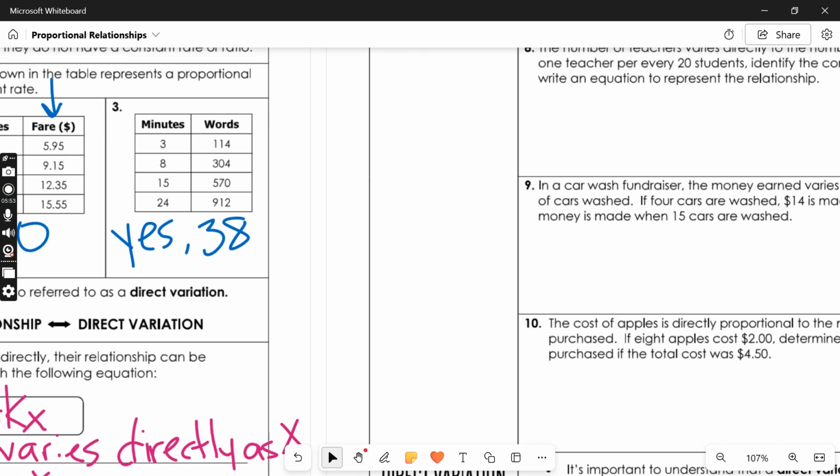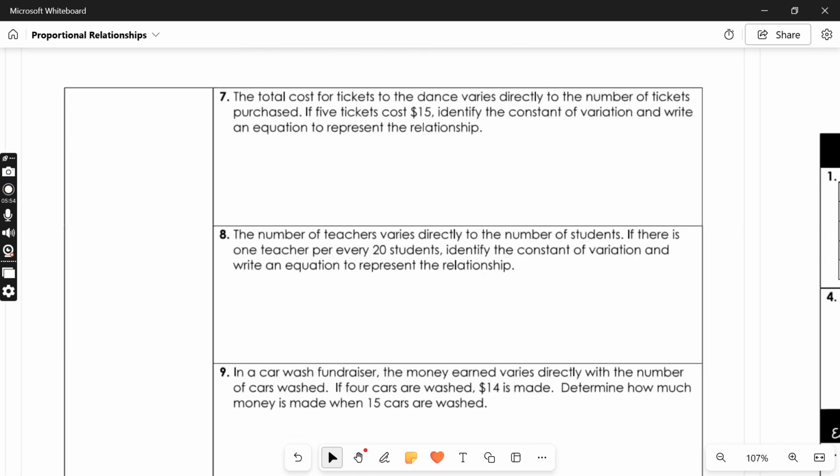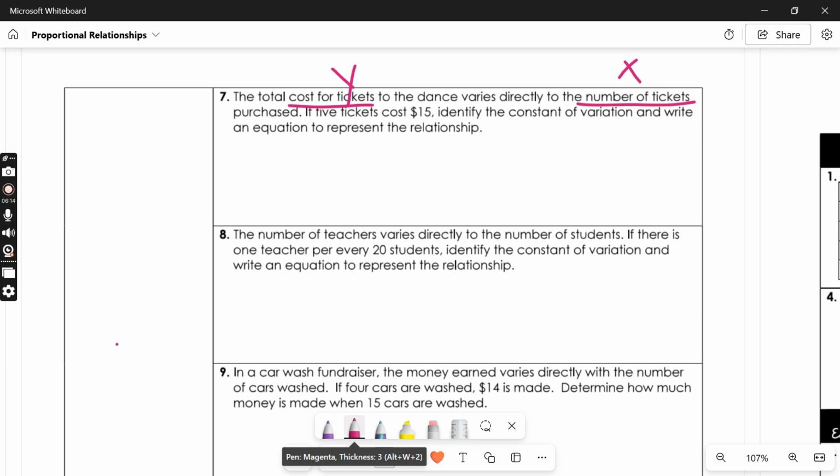So we're going to look at some word problems here. It says the total cost of tickets varies directly with the number of tickets. Okay, so it's trying to tell you your x's and y's here. So remember your y, that's your cost of tickets, varies directly with x, the number of tickets. If 5 tickets cost $15, identify the constant of variation.